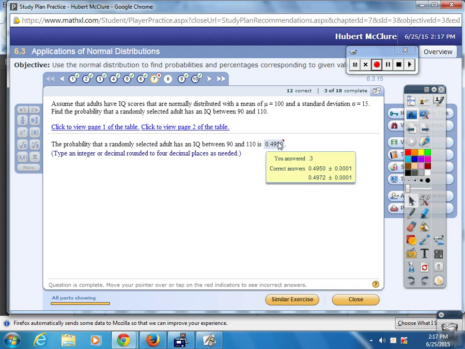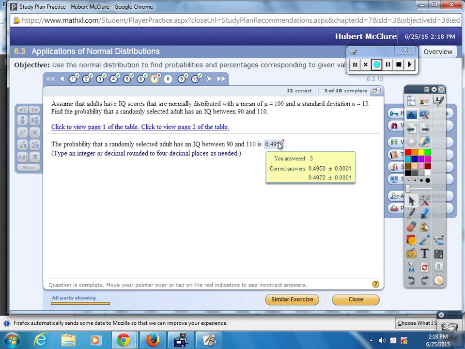So they are putting the calculator answer in there, and they're putting the table answer in there, plus or minus one ten-thousandth. So they're adding a grace to 1/10,000 to each answer. So this can be 0.4951 or 0.4949. This one can be 0.4971 or 0.4973. So they put that variance in there for you. Okay?